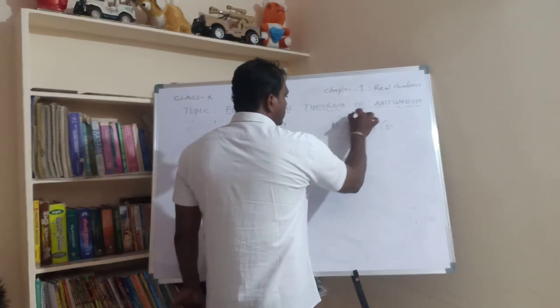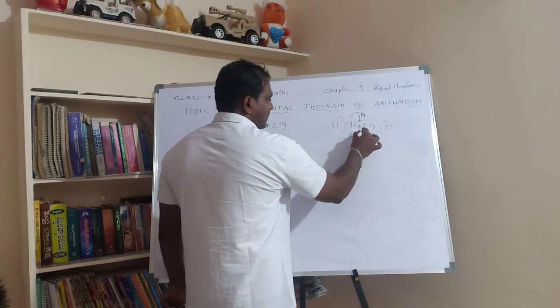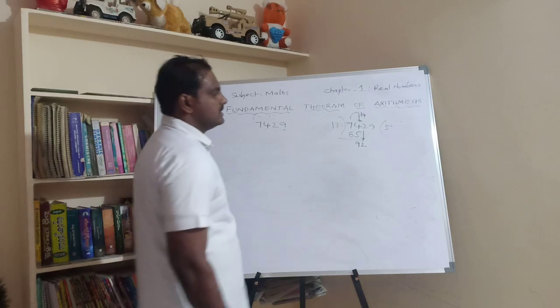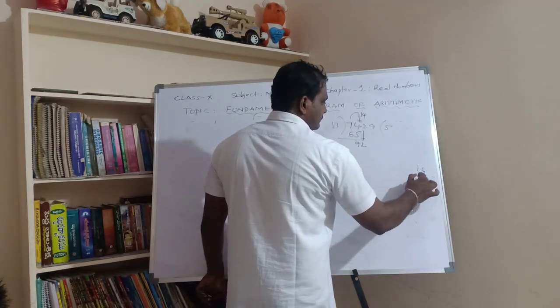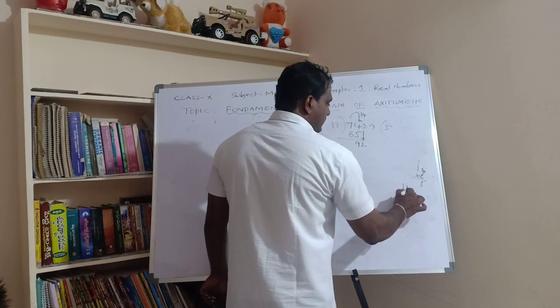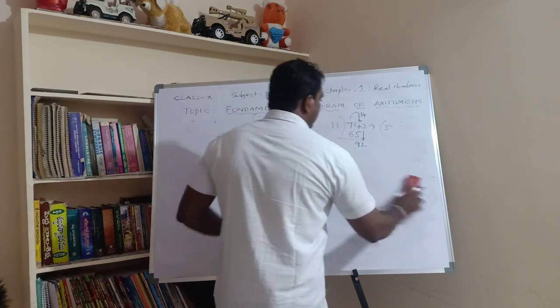So what is the remainder? 14. 14 minus 5 it is 9. Again 2. 13 5s 65, 13 6s 78. 6 3s are 18, 78. 13 7s 91. So here 13 also not possible.